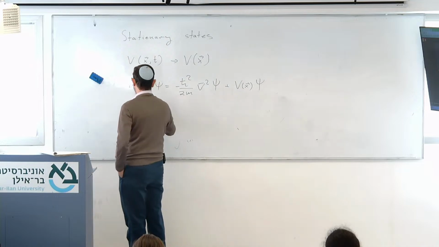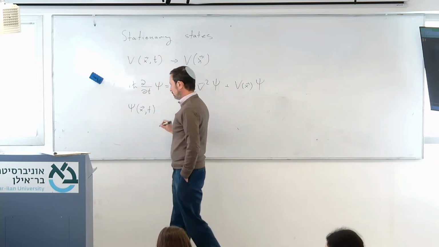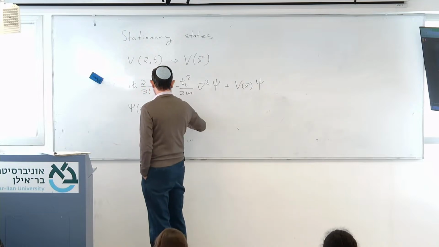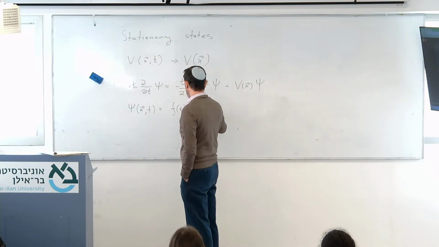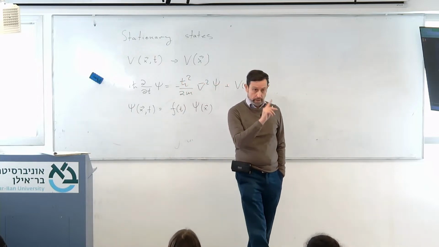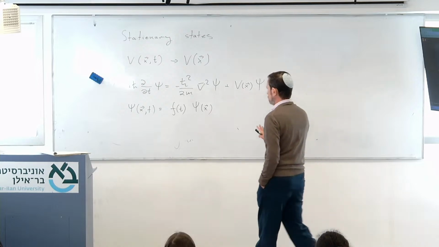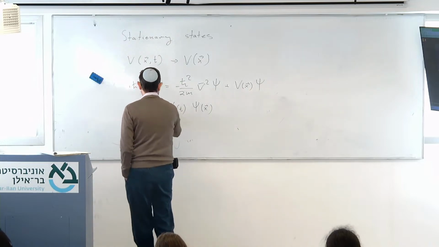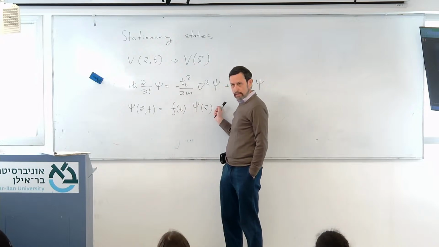So psi in general depends on x and t. I'm writing it as a function that depends on t times a function that depends on x. Okay, let's just replace psi everywhere with this definition.